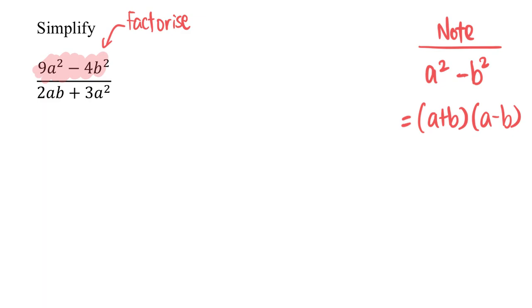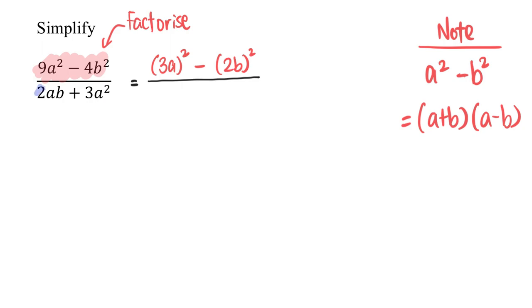So actually, we could then factorize the top as (3a) square minus (2b) square.